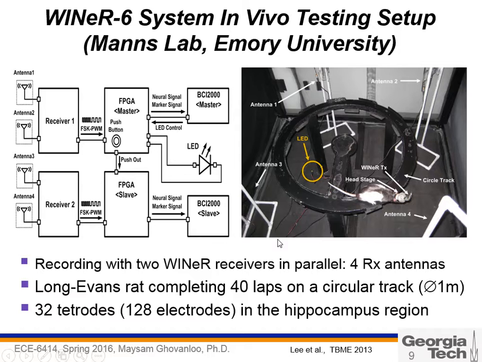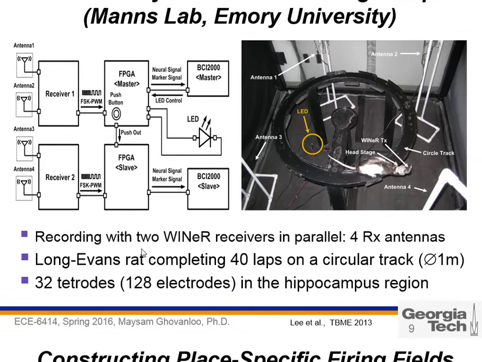receiver, a dual input multi-antenna receiver, which is an extension of the one that I showed you with 4 antennas, is placed around the track in order to make sure there is no blind spot in this track.